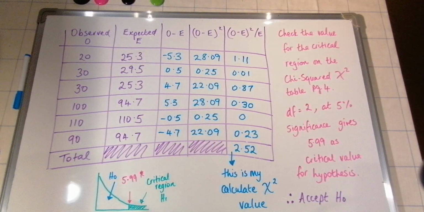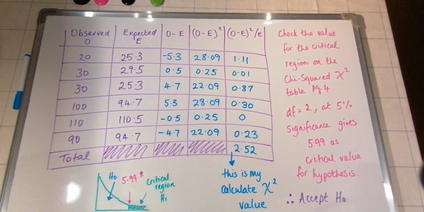If you look at it in a chart, that green line there represents 2 degrees of freedom. You'll see on page 5 in your notes that there are all these different coloured lines representing each of your degrees of freedom. My critical value is sitting here at 5.99 roughly. Everything in the shaded green area would be my H1. That's where I would accept my alternative hypothesis.